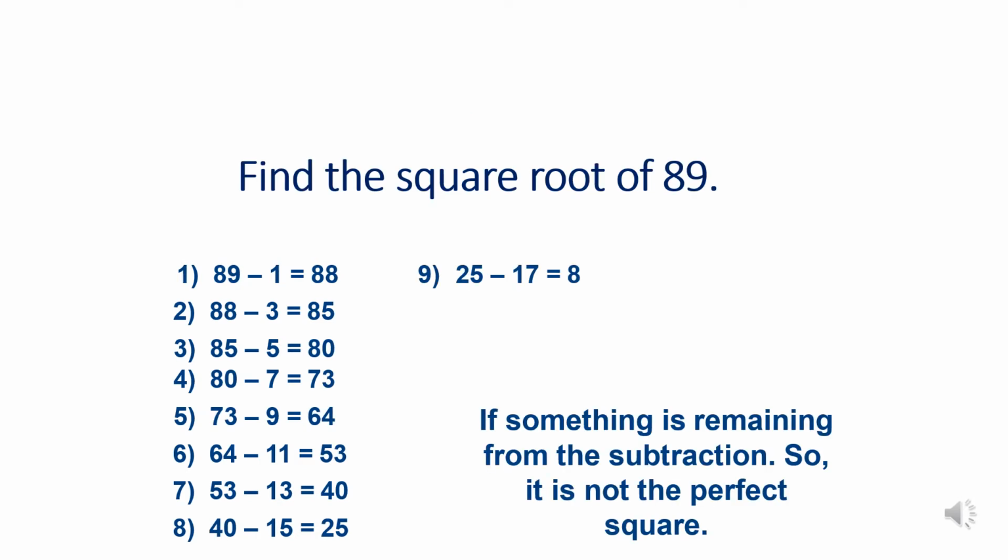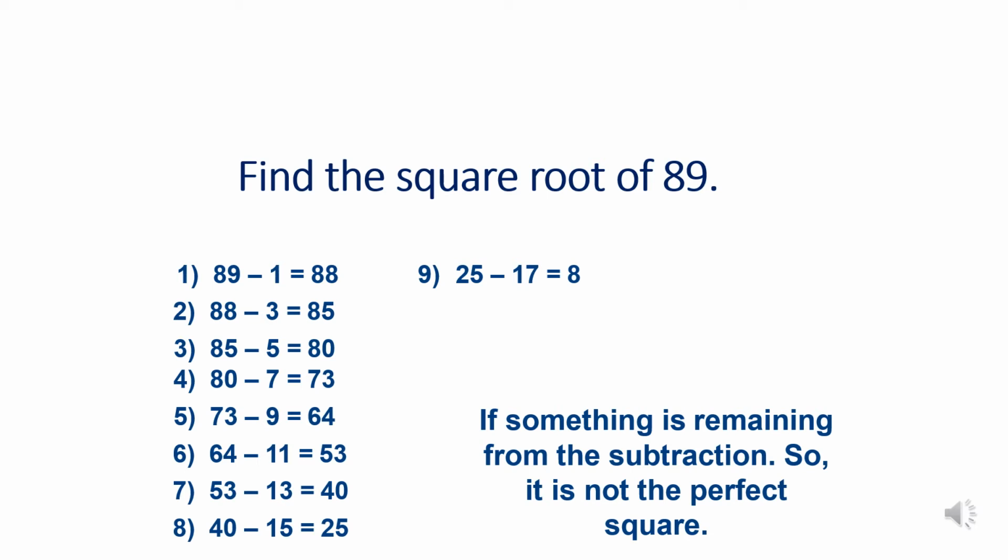Now, let's have one more example to understand the method thoroughly. Let's try to find out the square root of 89 using the same method, the repeated subtraction method. As you know, to apply the method, we have to subtract the odd numbers from the given number starting from 1.